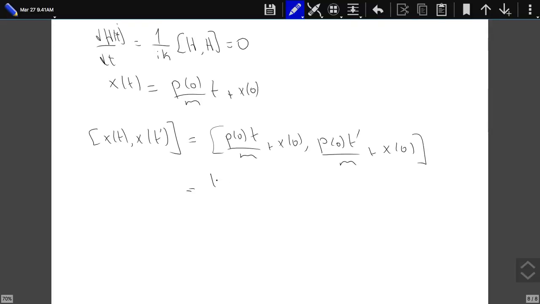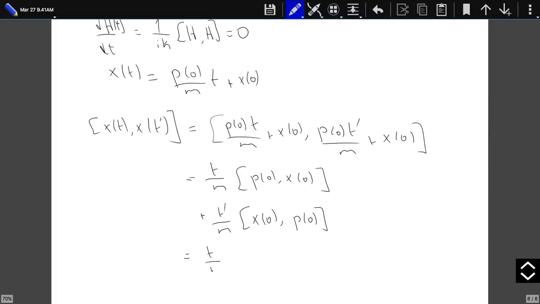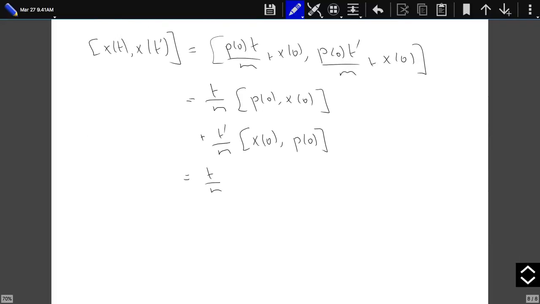Well, the non-zero terms in this commutator will be the p0 x0 commutator multiplied by t over m plus t prime over m x0 p0 commutator. t over m, p and x commutator is minus i h bar, plus t prime over m, this is i h bar, so this is equal to i h bar over m times (t prime minus t).